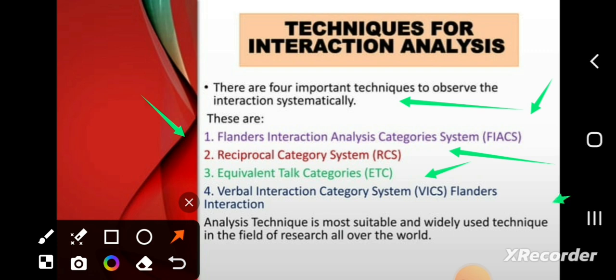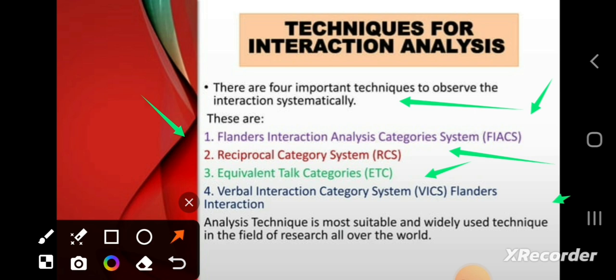Verbal category system. The verbal interaction category system categorizes verbal interaction based on specific functions and the role within the communication process. It includes categories like information giving, question asking, and feedback, allowing for detailed analysis of how verbal communication is used to facilitate learning. These analysis techniques are more suitable and widely used in the field of research all over the world.